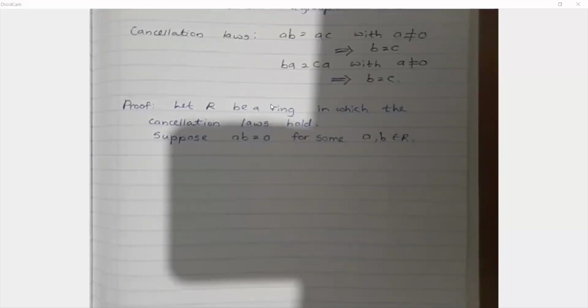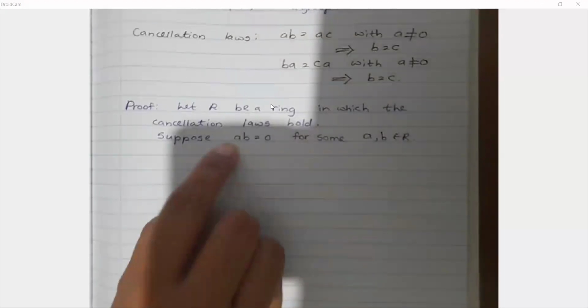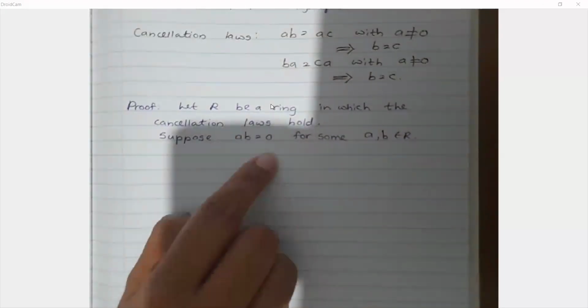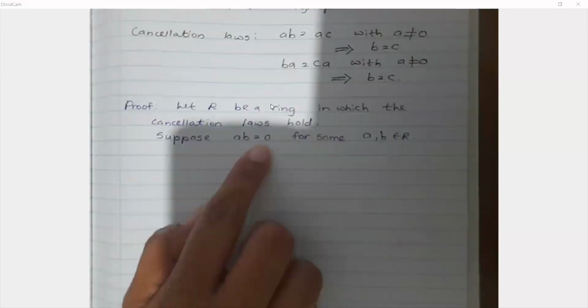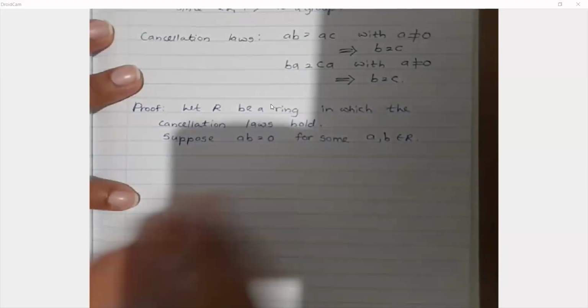You can't have both be non-zero where the product yields a zero. Right? So what are we going to show? We are going to show that either A or B is zero.